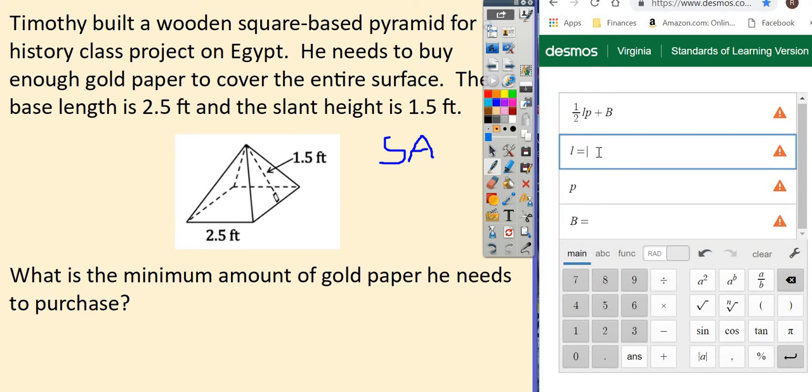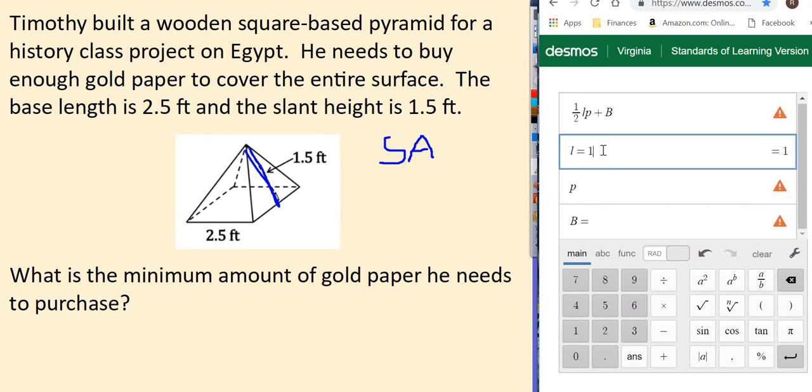So let's go back to L. If you look super carefully on your formula sheet, you'll see L is that slanted height there. So that means your L is 1.5. P stands for perimeter. Perimeter of your base. And your base is a square.